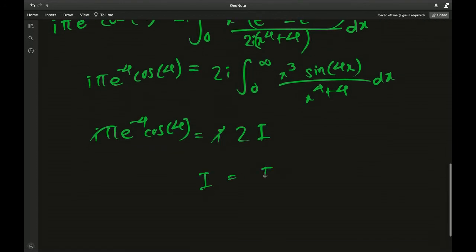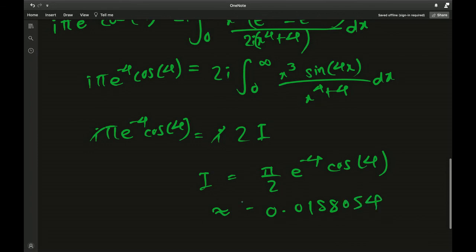I will then be pi over 2 e to the negative 4 cosine of 4, which has an approximate value of negative 0.0188054. Yes, that's a negative integral, believe it or not.